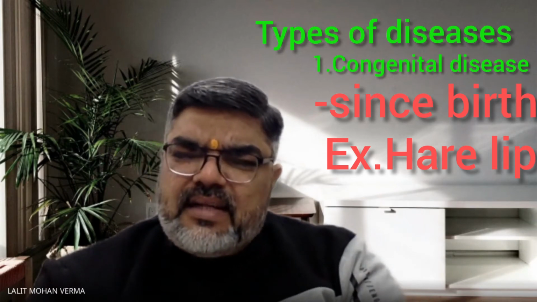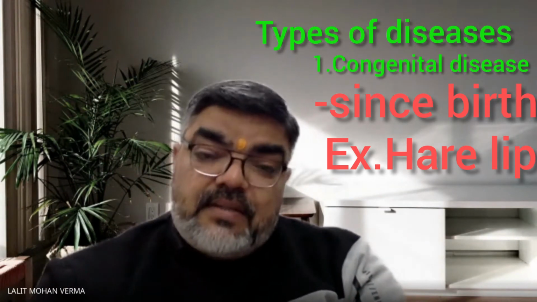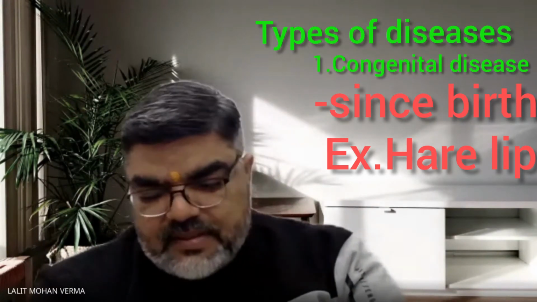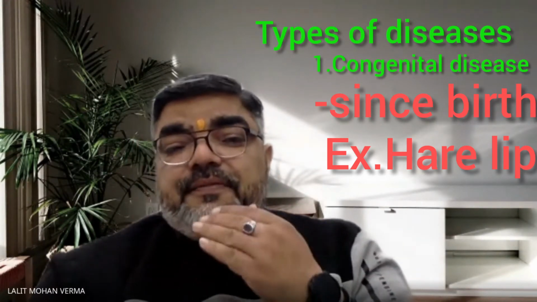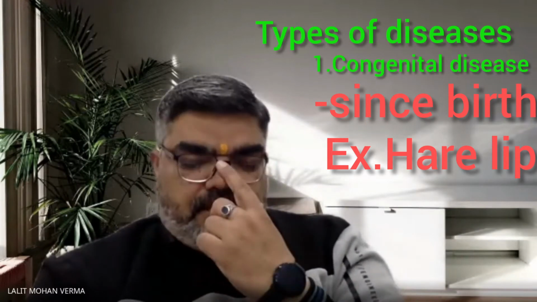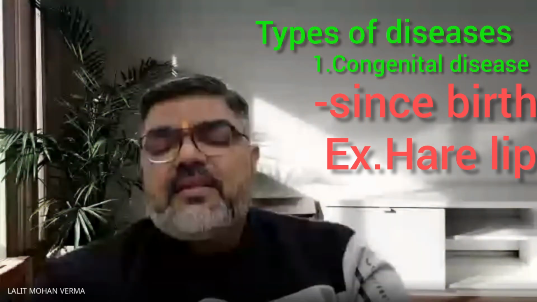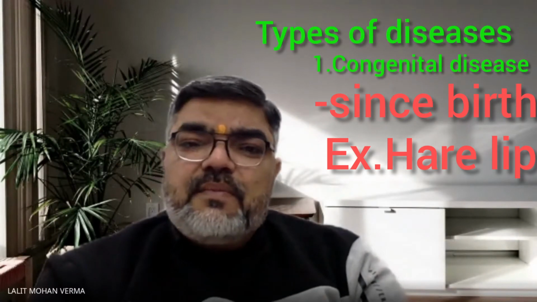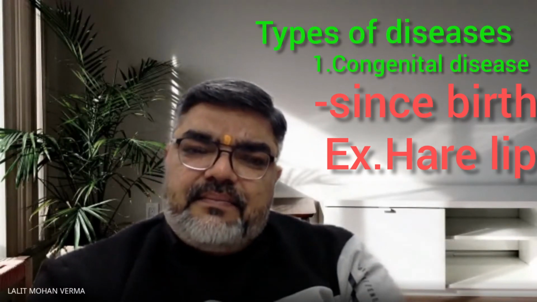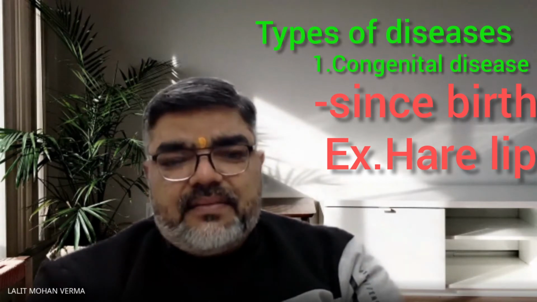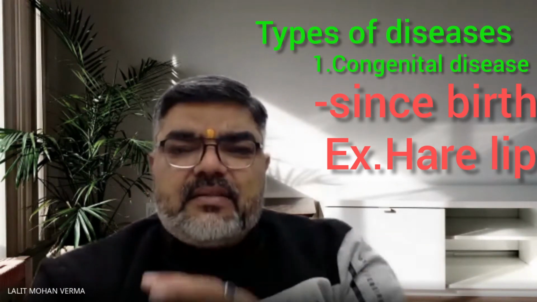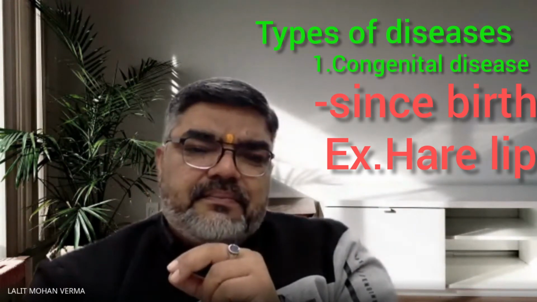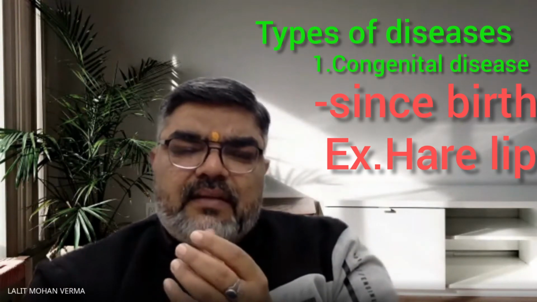Is there any other type of cause? Yes, one more cause is there. That is defective inheritance. Inheritance means the chromosomes coming from the father's side and from the mother's side. When these chromosomes come together and join, the zygote forms.